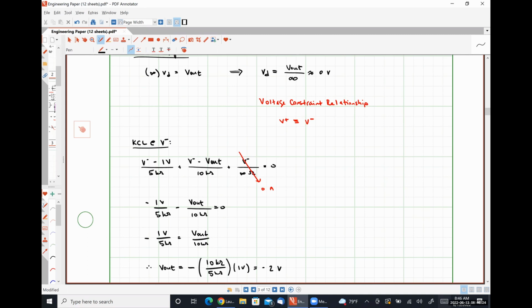Our voltage gain in this case would be negative 2 volts per volt, where our voltage gain AVCL, we can see by inspection from the math here, is simply negative R2 over R1, and was established entirely by our feedback network. This is a consequence of dealing with an ideal negative feedback op-amp circuit.